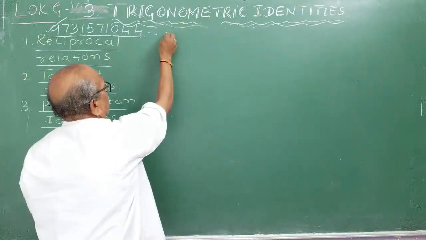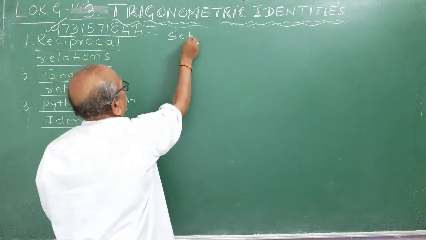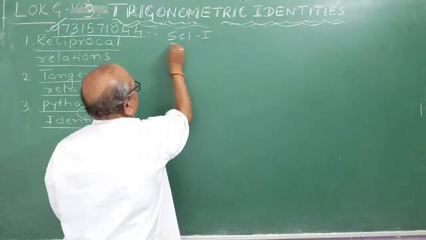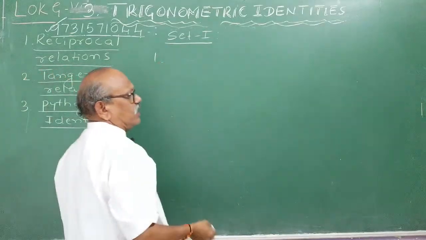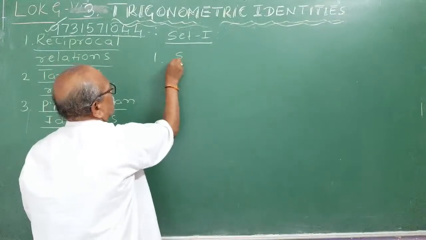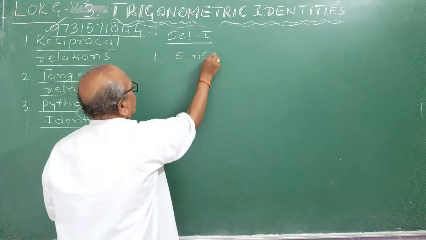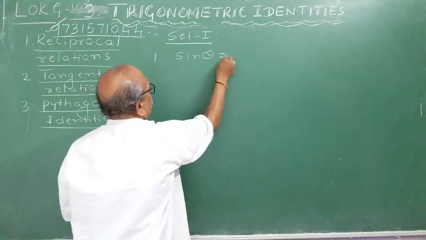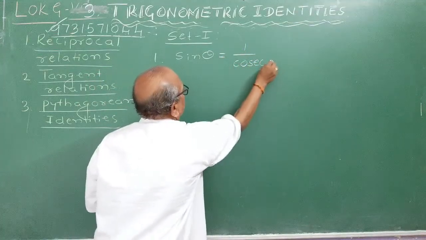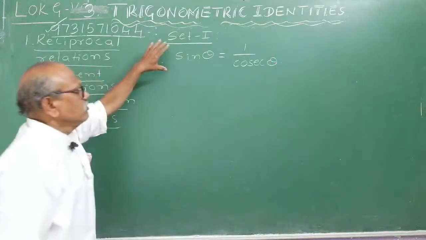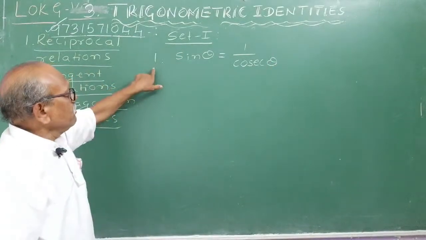So the reciprocal relations, set 1. We already know the reciprocal relations. Sin theta and cosec theta are reciprocals. Therefore, sin theta is 1 upon cosec theta. Go on giving them numbers. Better you list them by giving numbers.